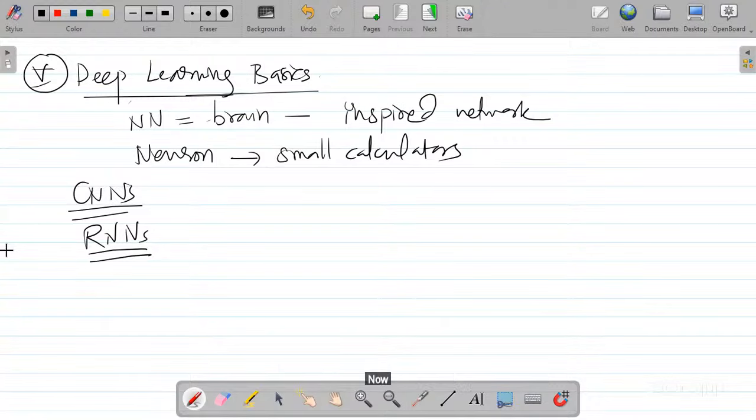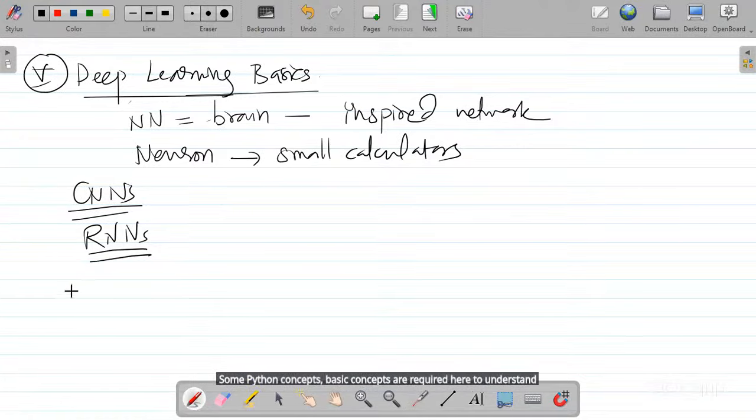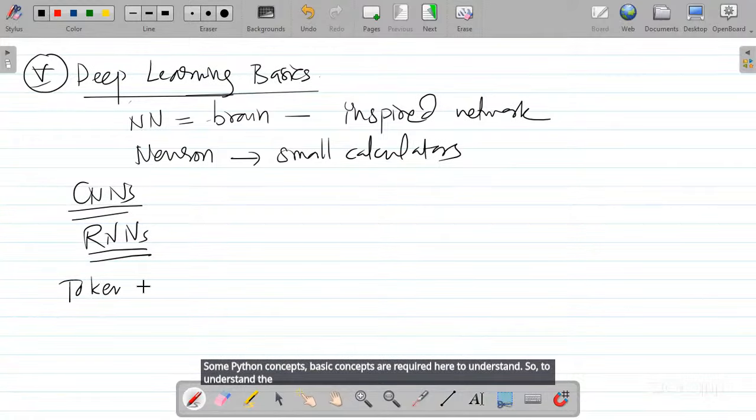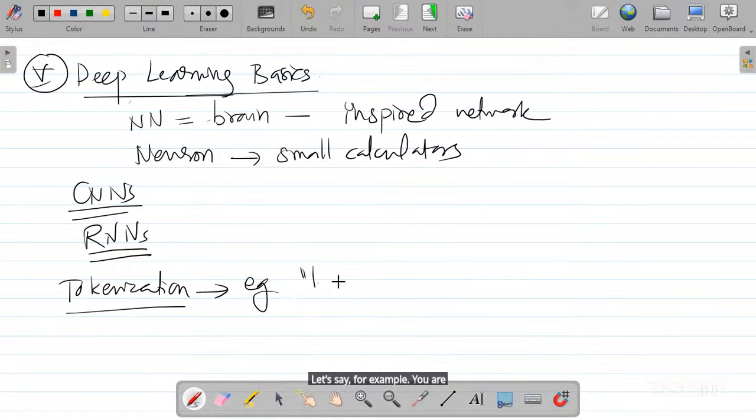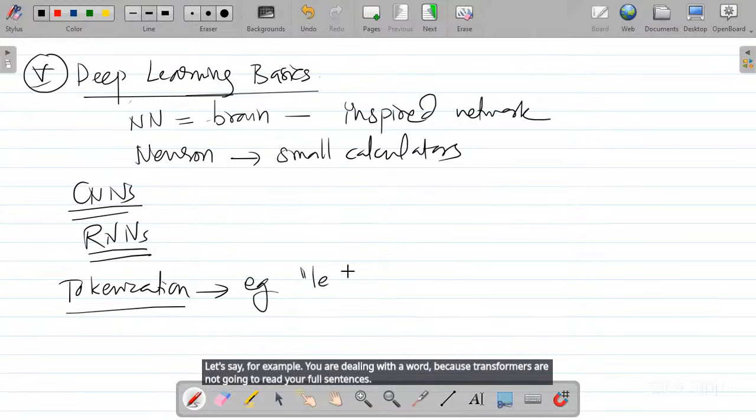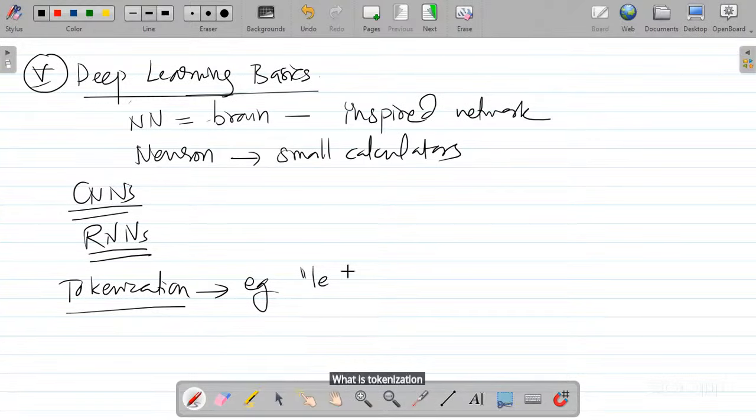Now tokenization, as I said, is a very important thing, and some basic Python concepts are required here to understand. To understand tokenization, I am just giving you a very simple example. Transformers are not going to read your full sentences.